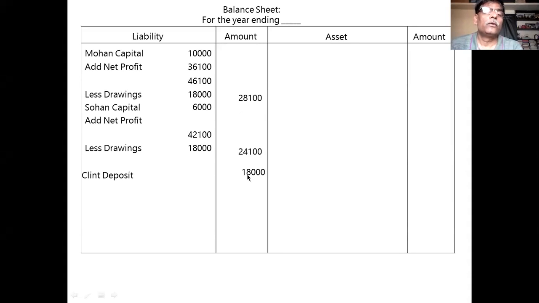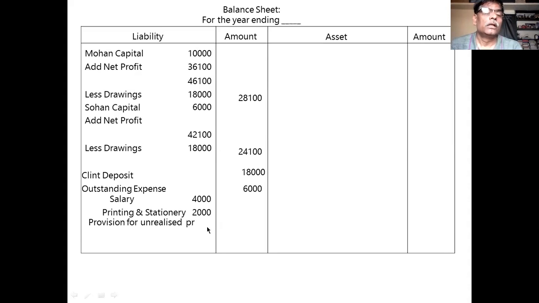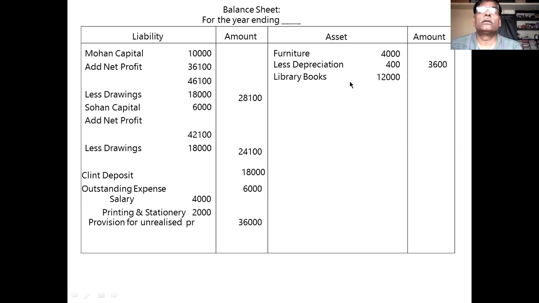Okay. Client deposit, you take; there is no adjustment. Outstanding expense: salary 4,000, printing 2,000, total 6,000. Unrealized profit 36,000. You take the furniture 4,000 less depreciation, then library books 12,000 less depreciation 2,400.